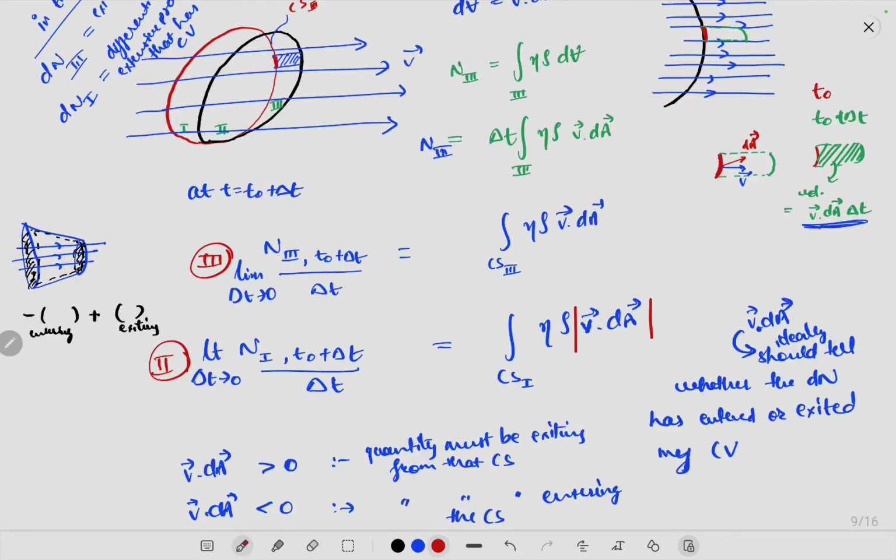So let's not follow this convention for putting the magnitude.